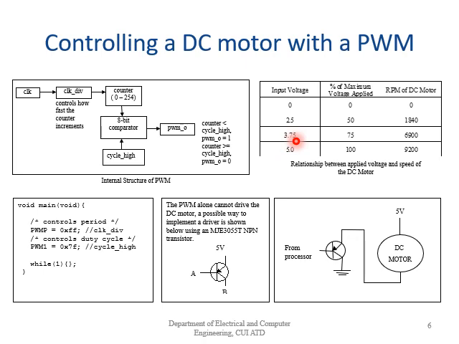And if we have an input voltage of 3.75, we are going to have 75% duty cycle, and the RPM is going to be 6900. Likewise, if we have input voltage 5, it means we need to have 100% duty cycle. So that was about the relationship between applied voltage and speed of the DC motor.